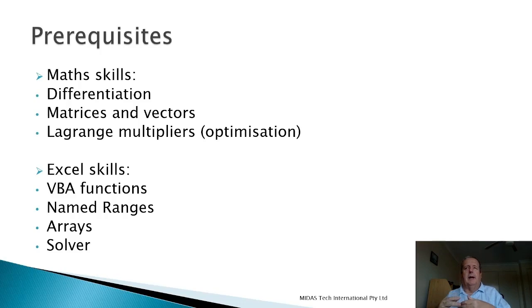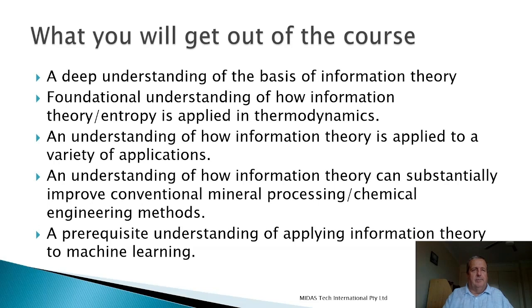But it's not complicated and we don't do it in detail. We don't need to. Excel skills: well, I've provided various Udemy courses to give you those skills if you need them. But I'll be explaining VBA functions, named ranges, arrays, and Solver. I'll be doing it briefly, yet there are other Udemy courses which go in more depth.